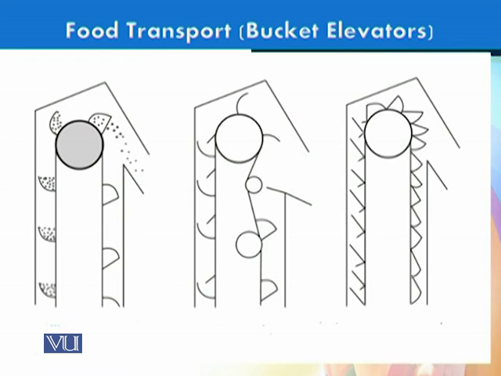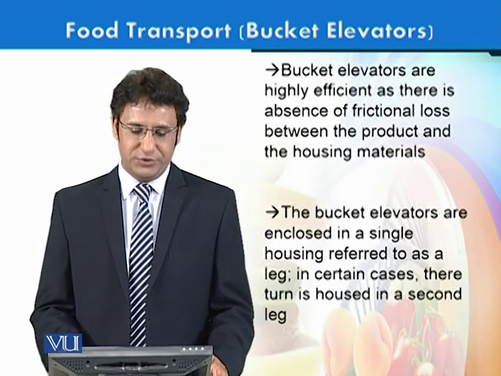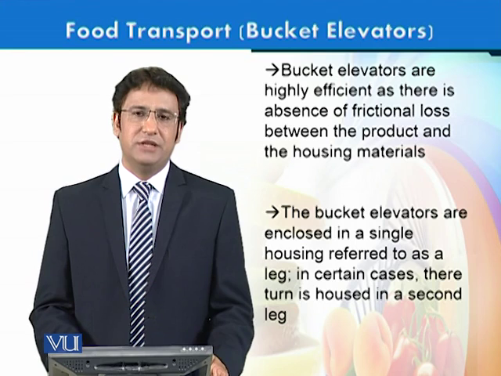So you can see that they can have different shapes, and the frequency of these buckets attached to these conveyors could be different depending upon the kind of end product that we are transporting through these bucket elevators.